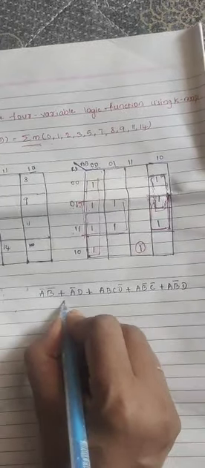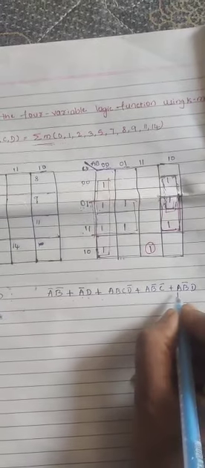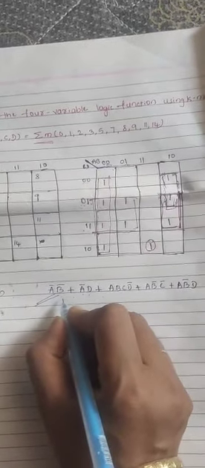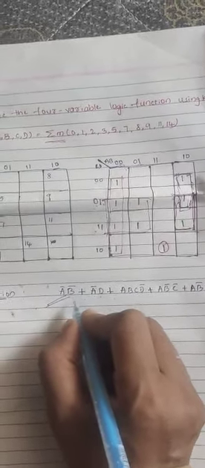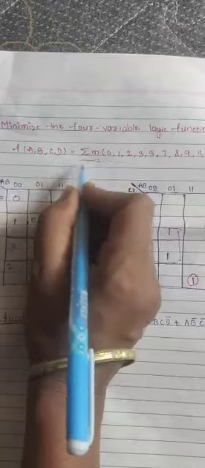Now: A bar B bar plus A bar D plus A B C D bar plus A B bar C bar plus A B bar D. This is the final simplified equation for the logical function f of a, b, c, d equal to summation of m 0, 1, 2, 3, 5, 7, 8, 9, 11 and 14. In this way we simplify the logical equation by using the K-map. Thank you.